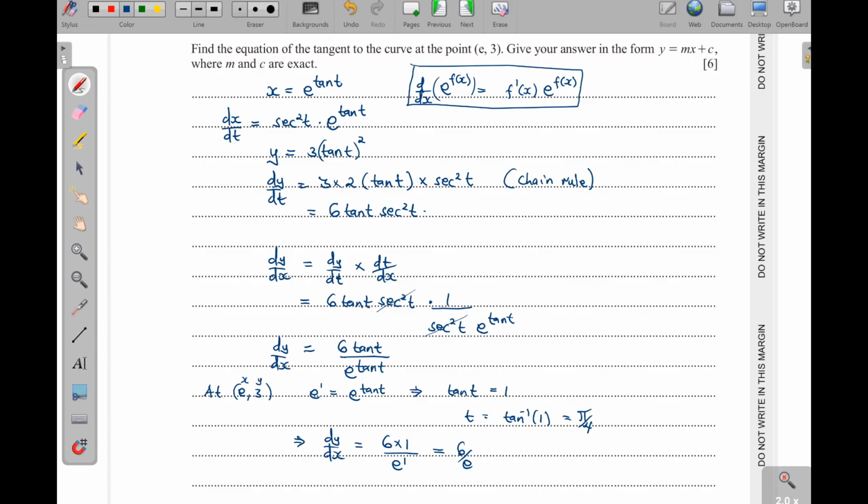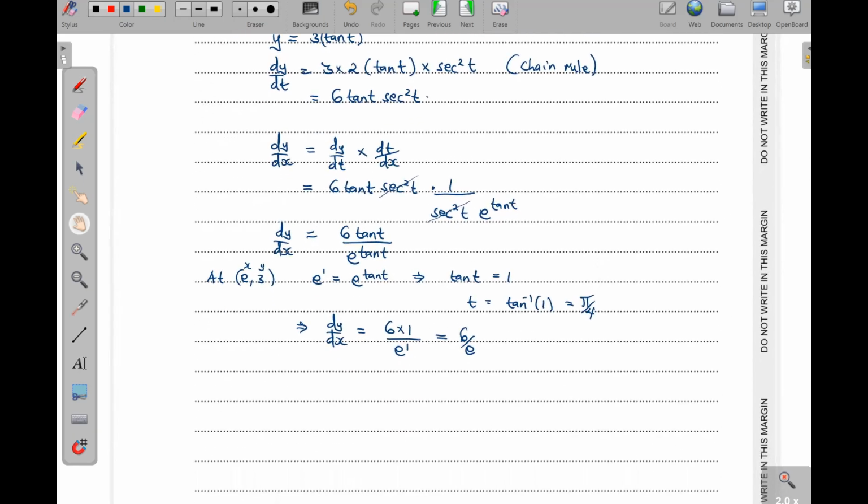Then what else do we have? We have now that is our gradient. So using y minus y1, which is equal to m into x minus x1, we have y minus, our y1 is 3 here, so minus 3, then is equal to our m, which is 6 over e, then into x minus our x1, which is what?